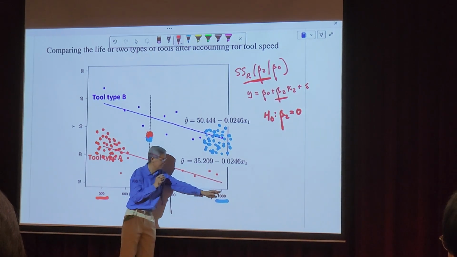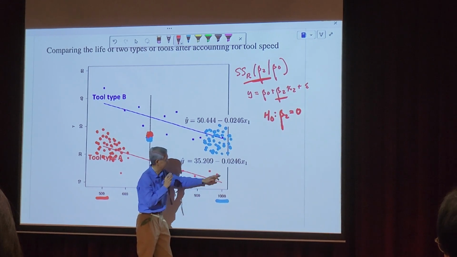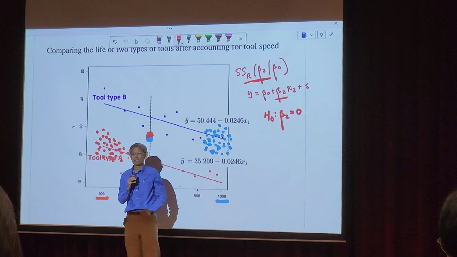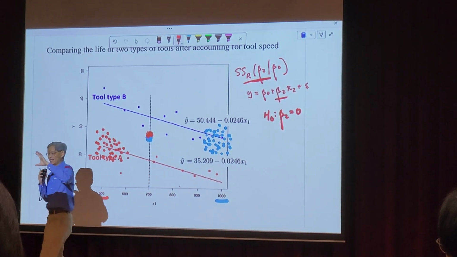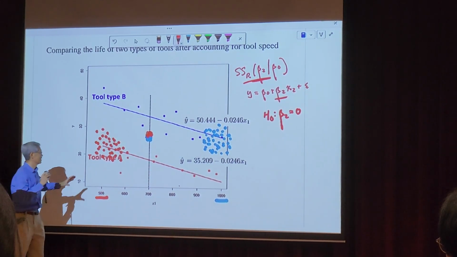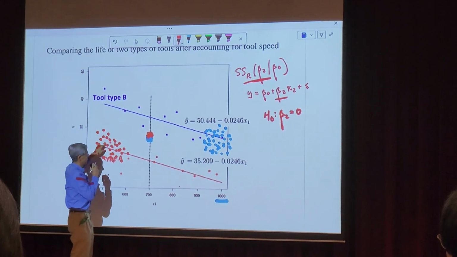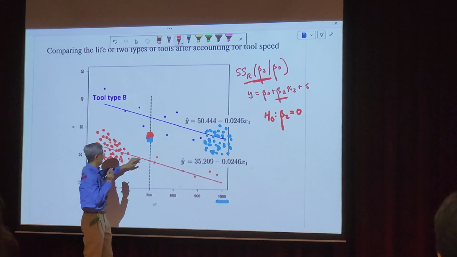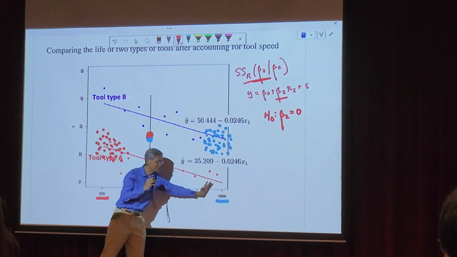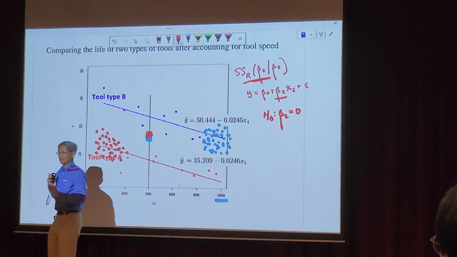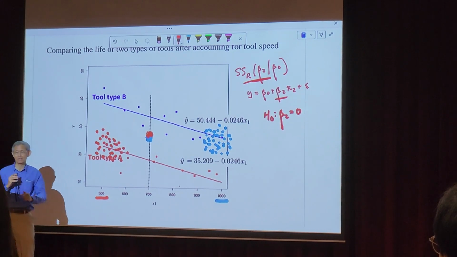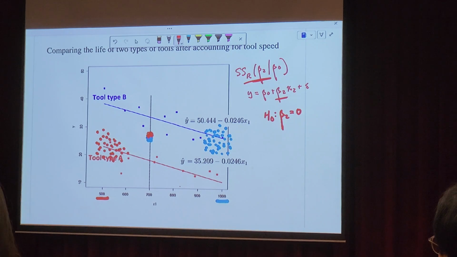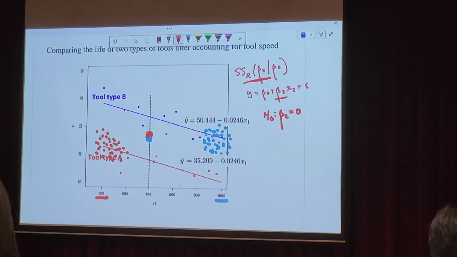And then at high speed, you compare the mean here and the mean here. And then you find that there will be big difference. The difference here is big. The difference here is big. In fact, it's always big. Two type B always outperform two type A for all speed. And that is the truth.